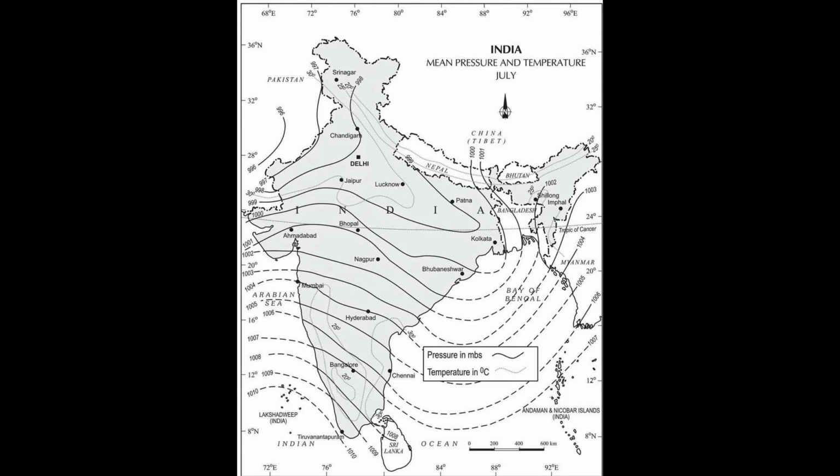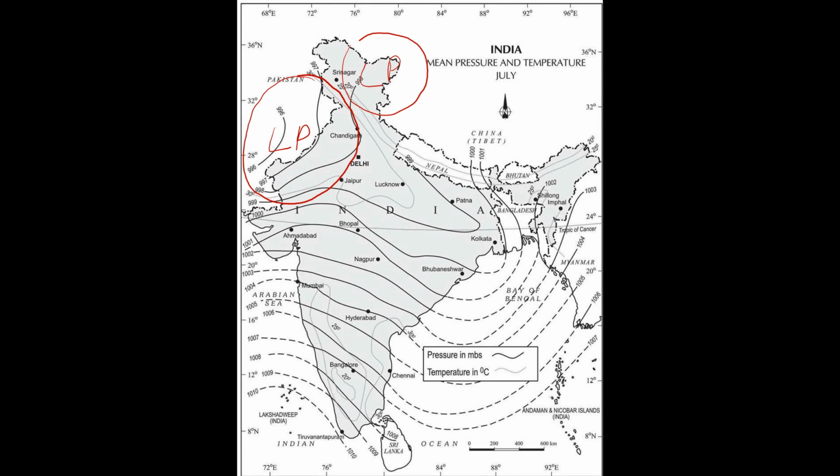So this is the mean temperature and pressure map for the summer seasons. So we have the dark lines, which are the pressure. We can see that the low pressure zones are developing, it is getting reversed. So low pressure zones are developing over the western part and northern part.